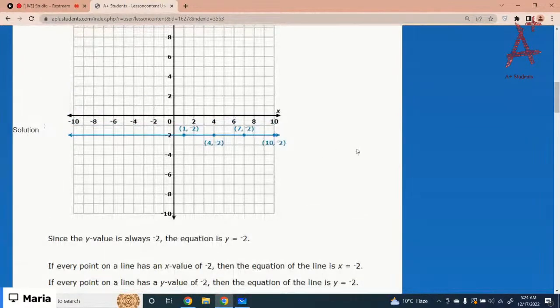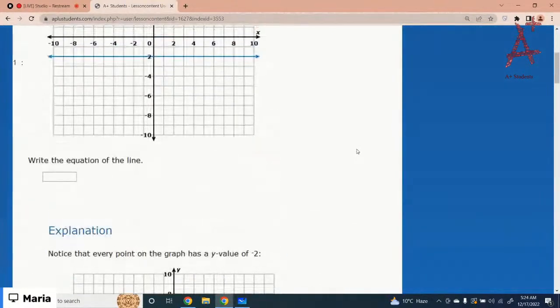It is a horizontal graph. Got it? And it passes through one point on the y-axis.